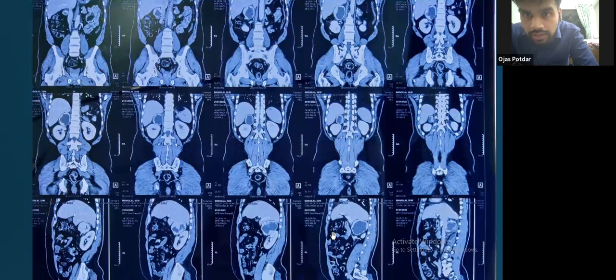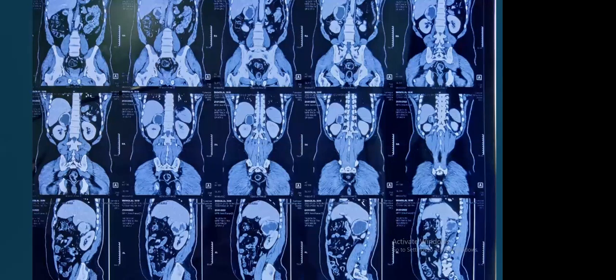No lymph nodes or any other enlargement. The tissue planes with the mass are clear. With the liver and surrounding structures, the fat planes appear clear with the mass.